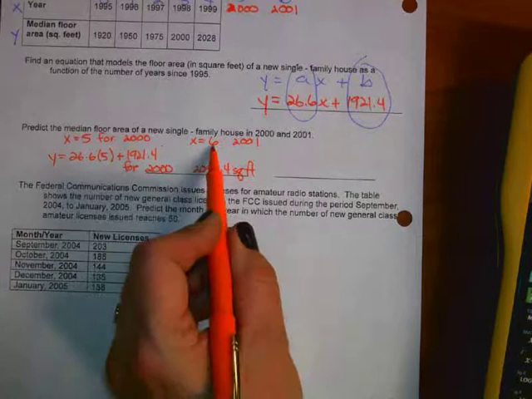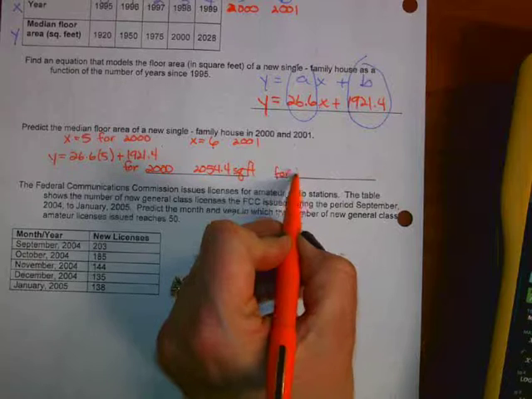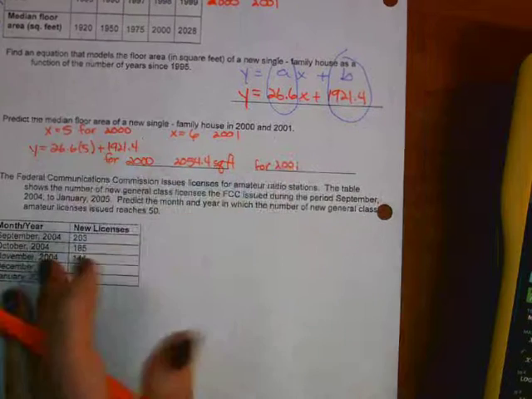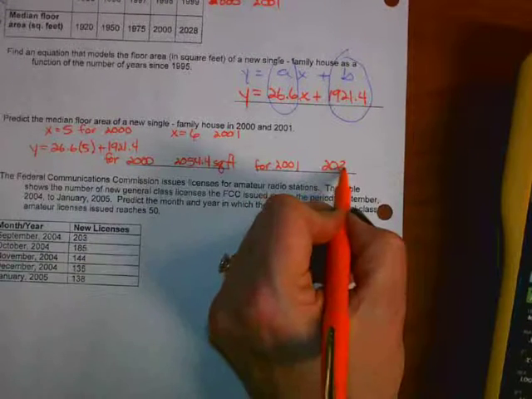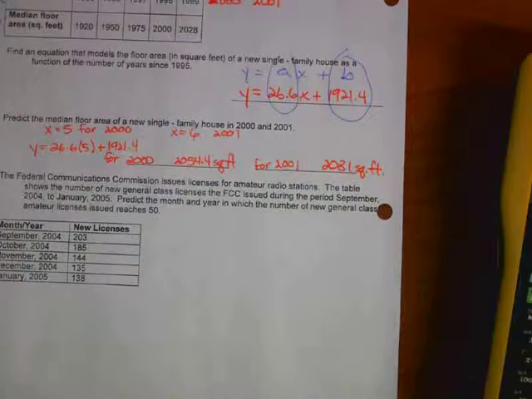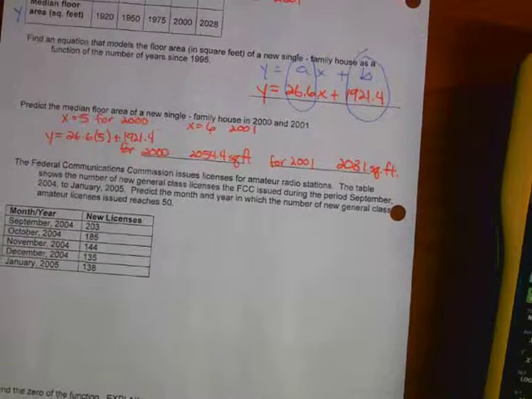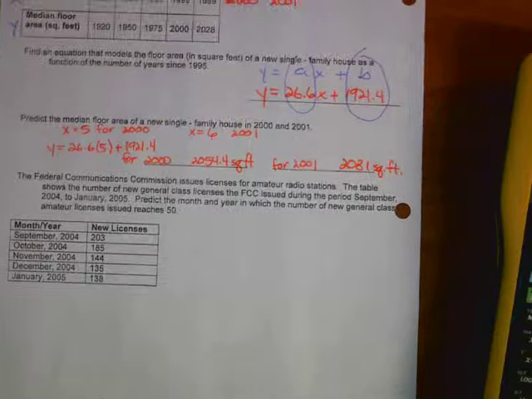And then, of course, you plug 6 into your equation, and then you would get, for 2001, it was 2,081 square feet. Okay? Let's do one more.